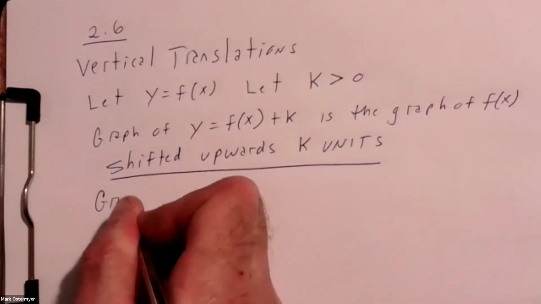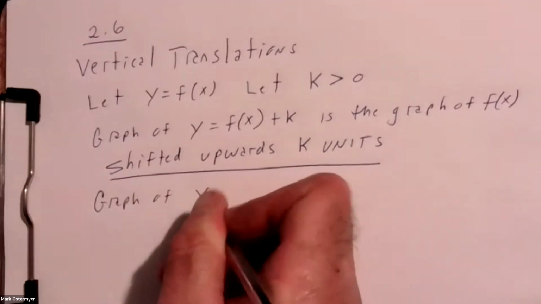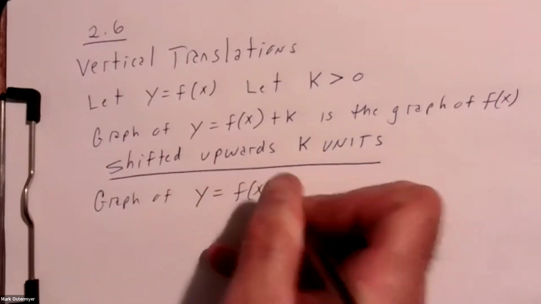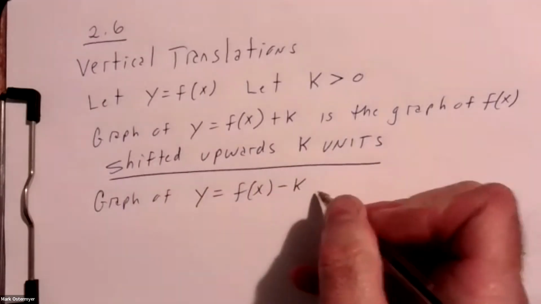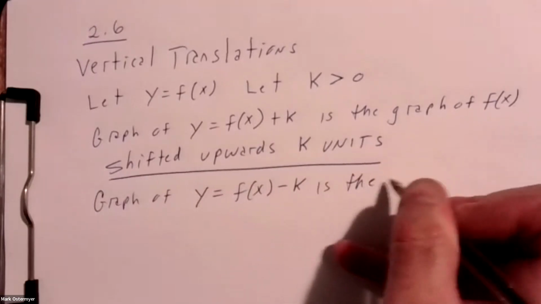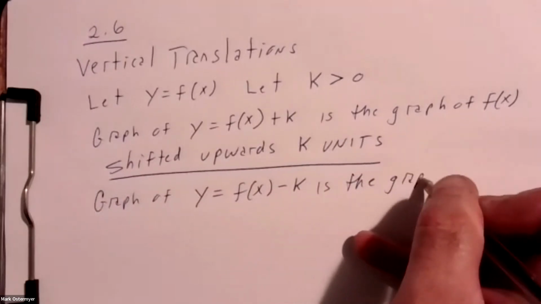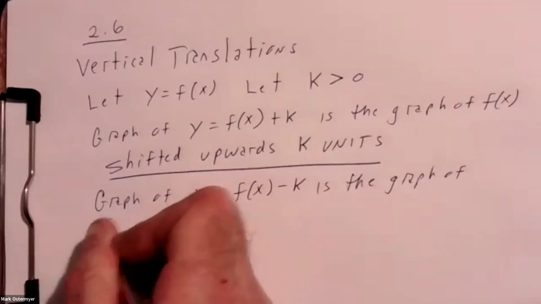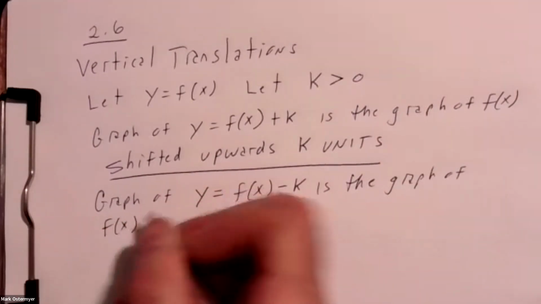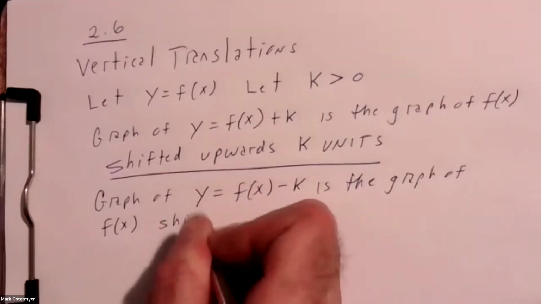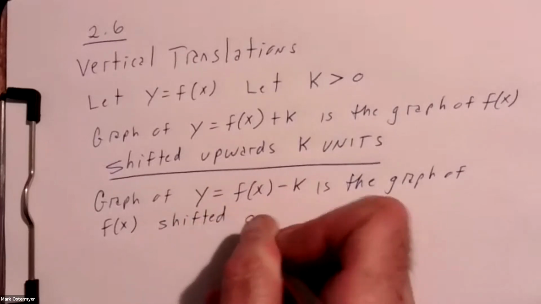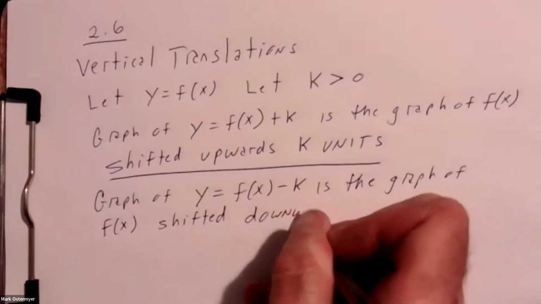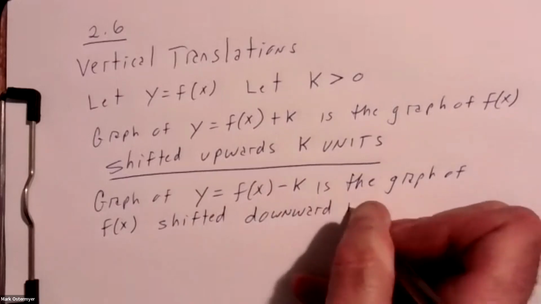In a similar fashion, the graph of a new function y equals f of x minus k is going to be the graph of f of x shifted downward k units.